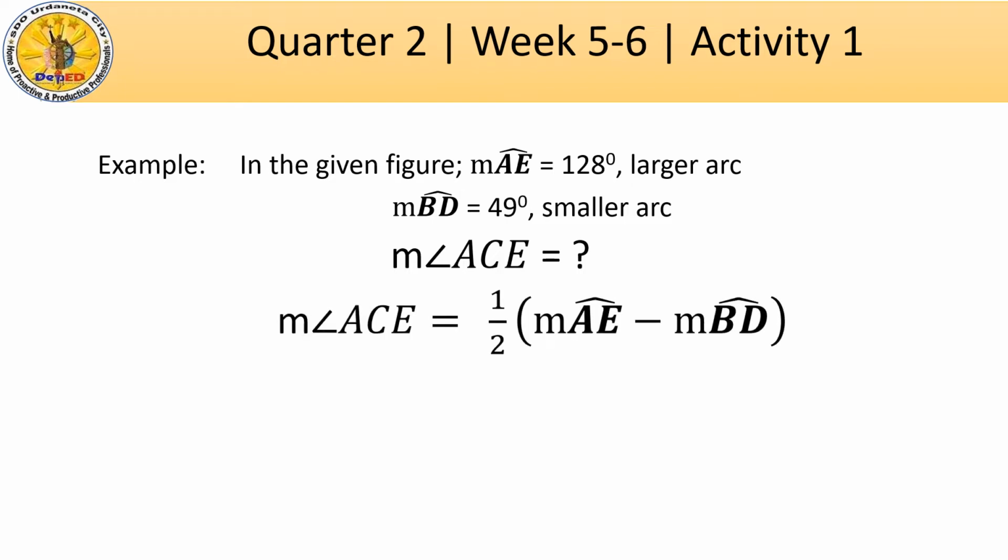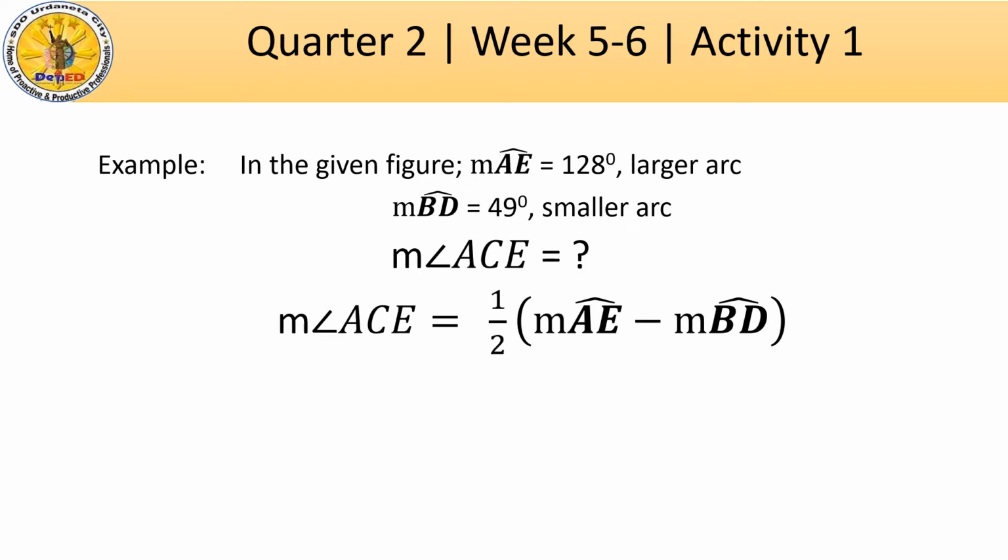So using your theorem A, where two secants intersect in the exterior of the circle, the measure of an angle formed is one-half the positive difference of the measure of the intercepted arcs. So using this theorem, the measure of angle ACE is equal to one-half the positive difference of the measure of the larger and the smaller arc.